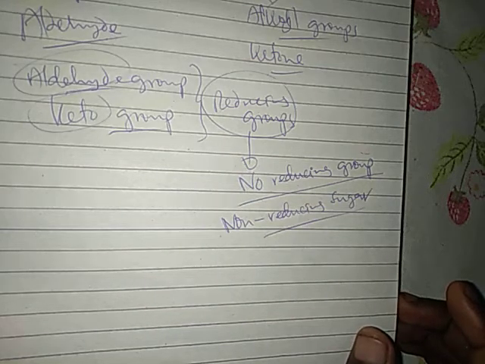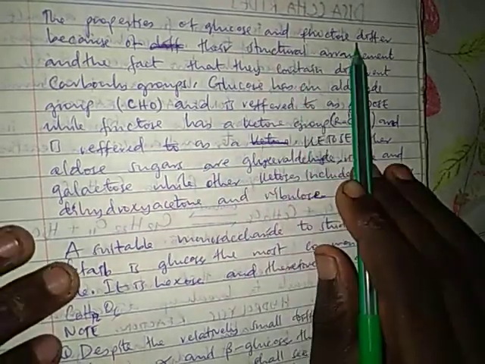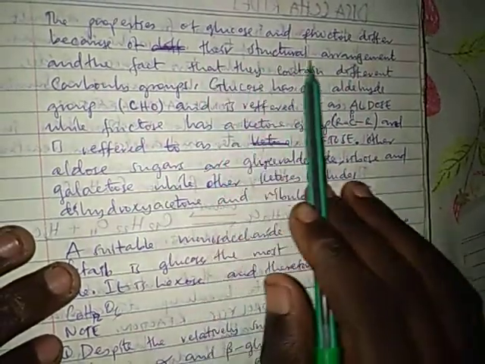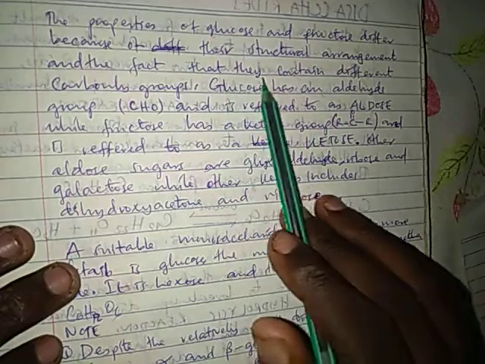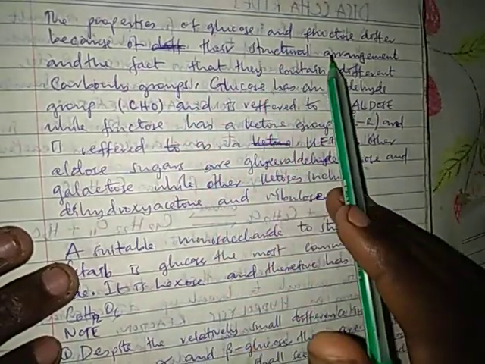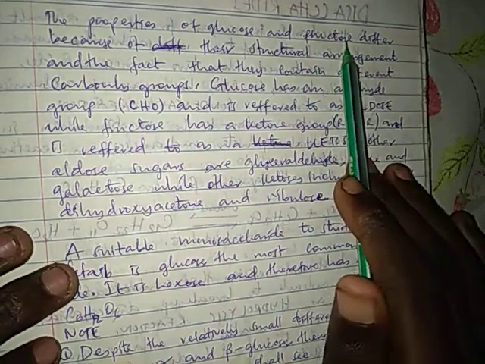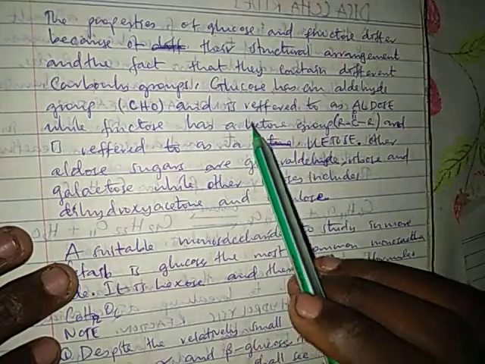We shall see later on the explanation of what is a reducing and what is a non-reducing sugar. The properties of glucose and fructose differ because of their structural arrangement and the fact that they contain different carbonyl groups, because fructose is a ketone, while glucose is an aldehyde.